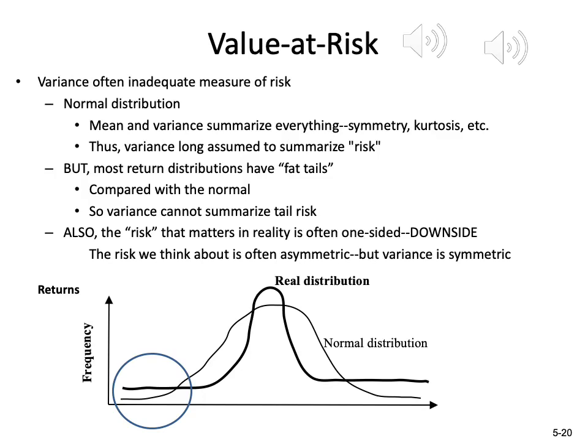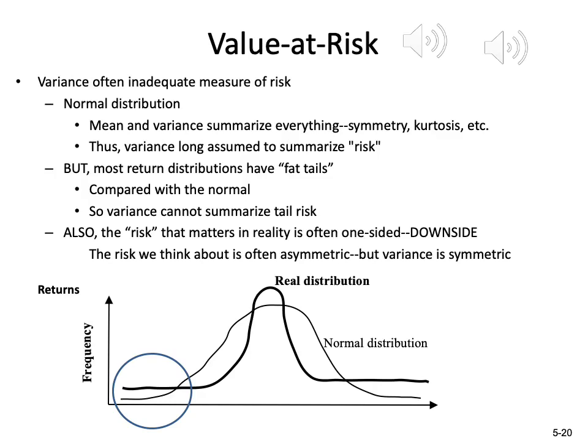But in real life, the real stock returns are never normally distributed. The real returns look more skinny and taller, like I showed in the picture. Compared to the normal distribution, the real stock return distribution is a lot taller and skinnier, which means the tails are a lot fatter than the normal distribution.